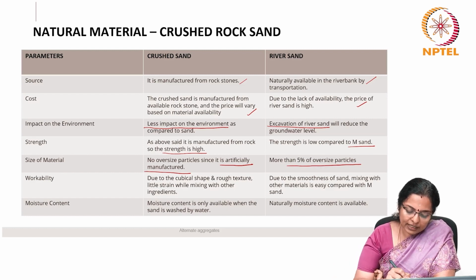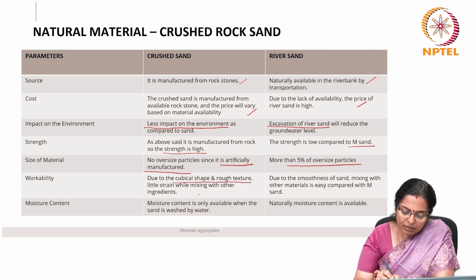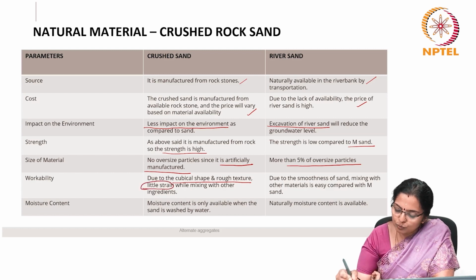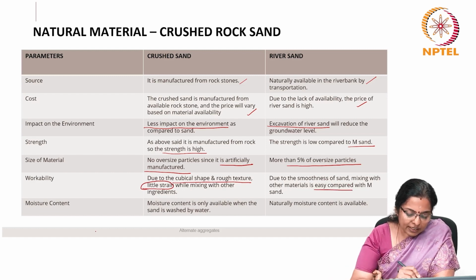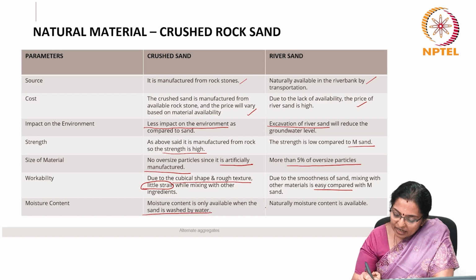When we look at workability, due to the cubical shape and rough texture, little strain is there while mixing with other ingredients. Whereas, due to smoothness of sand, mixing with other materials is easy compared with M sand. When we look at moisture content, it is only available when the sand is washed by water. Sand has naturally moisture content in it.